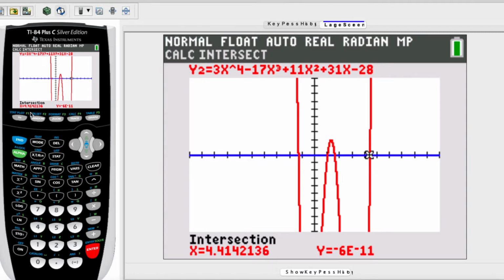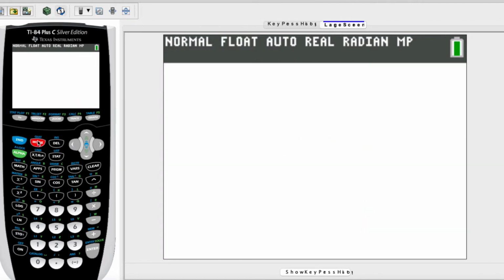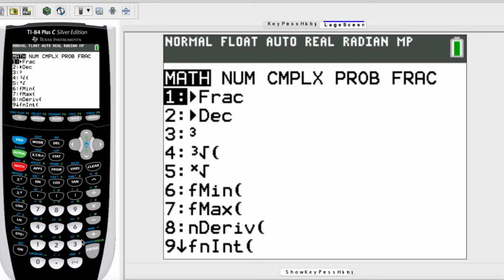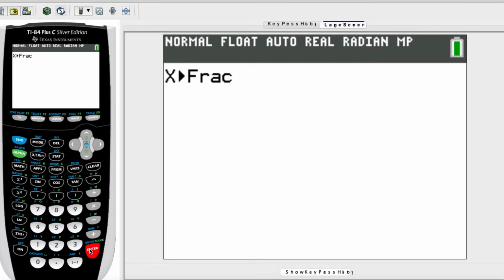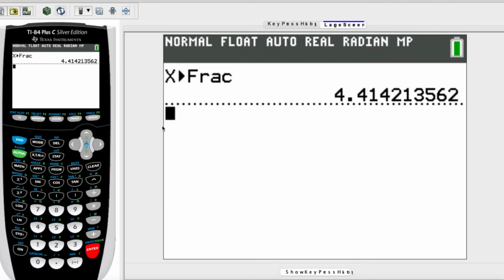So if you go to the regular original screen of the calculator, and you just press X, which is to the right of the alpha key, this X actually has that value that we just found stored into it. And if you just press from there, you can press enter, but you don't need to. If you press math, enter for fraction, and enter again, it's going to attempt to convert it to a fraction.